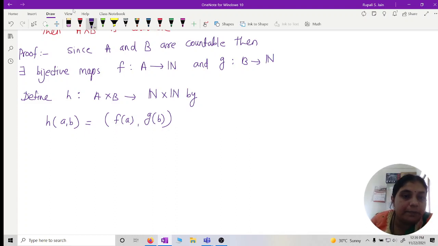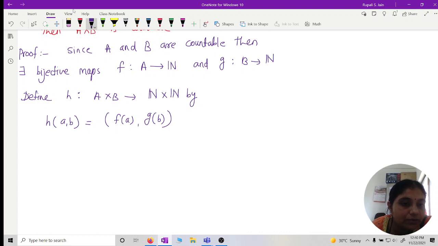Let a from A and small b from capital B, and I am defining this map, and I will show it is a bijective map. Then A cross B is equivalent to N cross N, and since equivalence is transitive and N is already equivalent to N cross N, therefore A cross B is also equivalent to N. Therefore, A cross B will be countable.